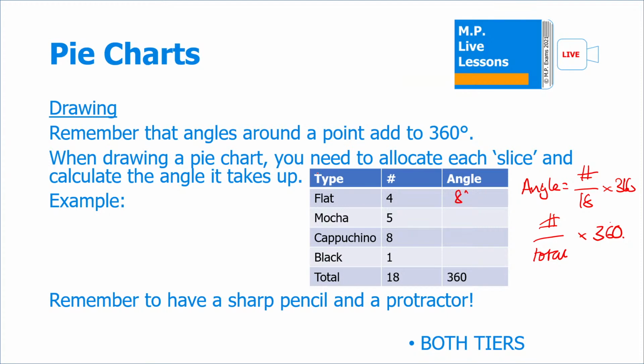What you get is 80 degrees for this, 100, 20 here. And then remember, when you're drawing a pie chart, you'll need a protractor and a sharp pencil, because the tolerances are tight.